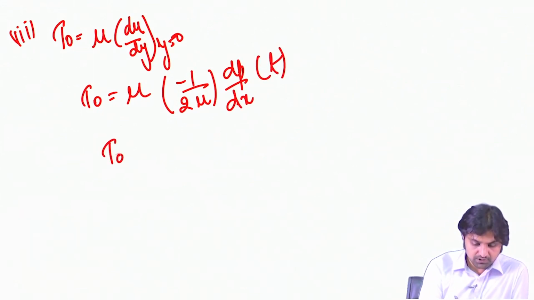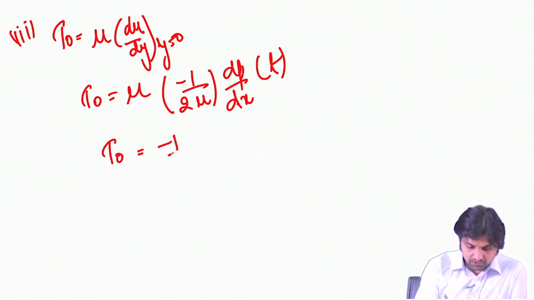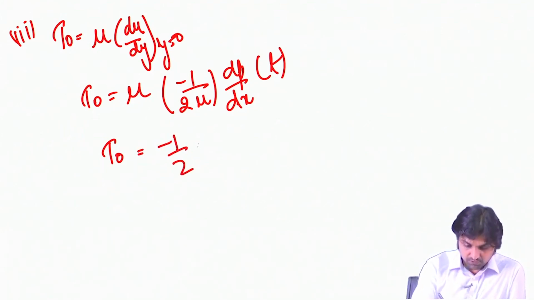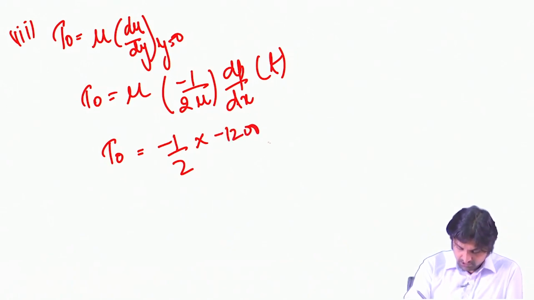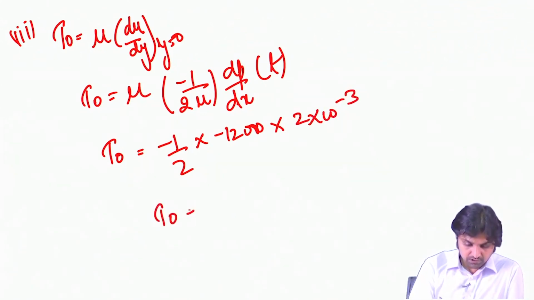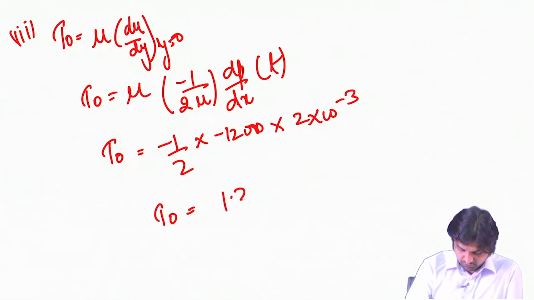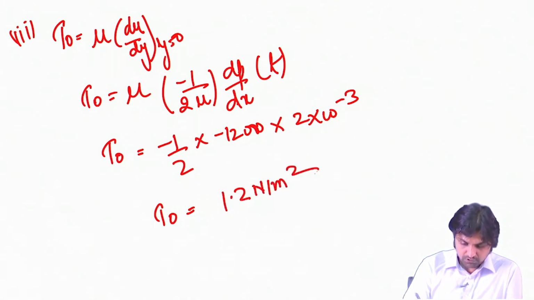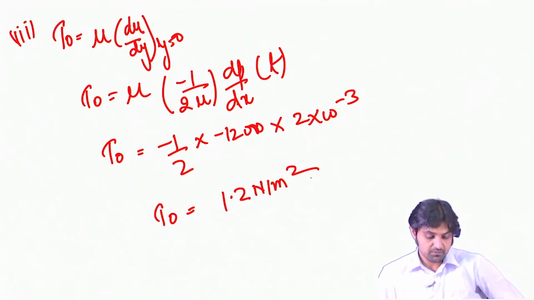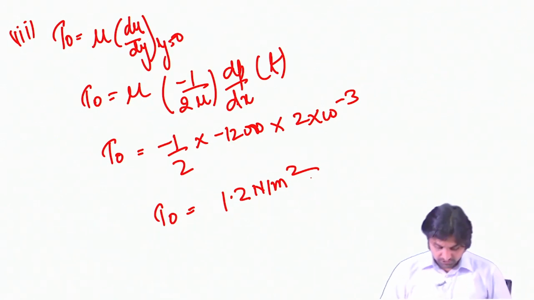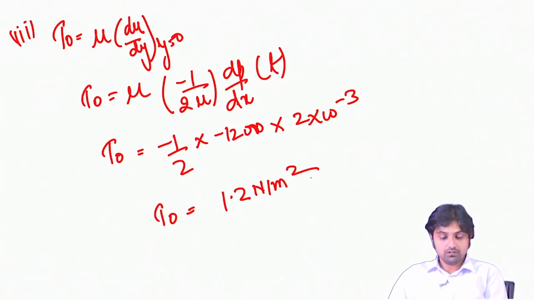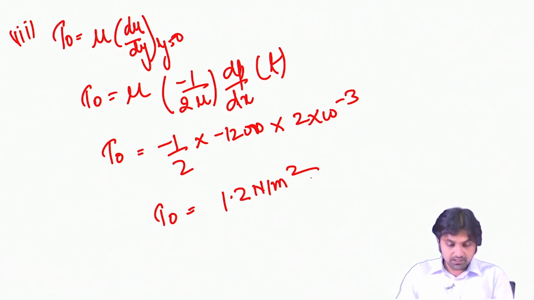And substituting the values, mu is minus 1 by 2 into minus 1200 into 2 into 10 to the power minus 3. So tau naught is going to be 1.2 Newton per meter square. So this is the solution to the question number 4. This was the third part.